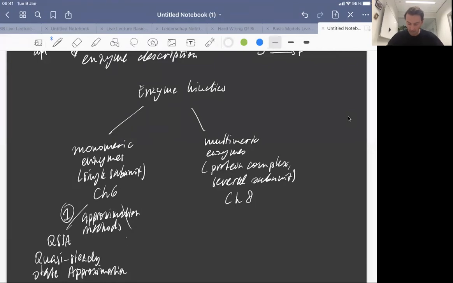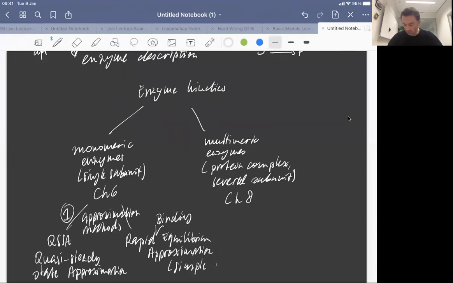And the second one is the rapid equilibrium approximation, sometimes called rapid binding equilibrium approximation. It depends a little bit on who you ask. And this is a simpler approach, but also a more crude approximation.